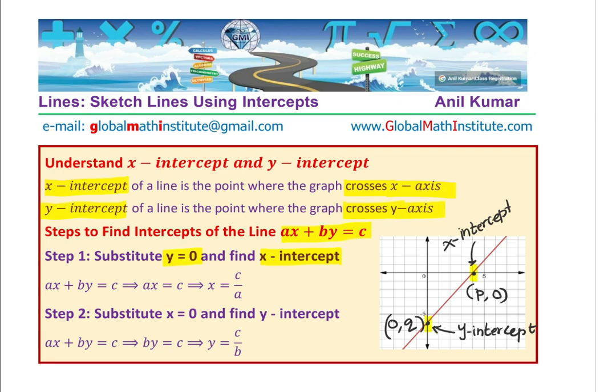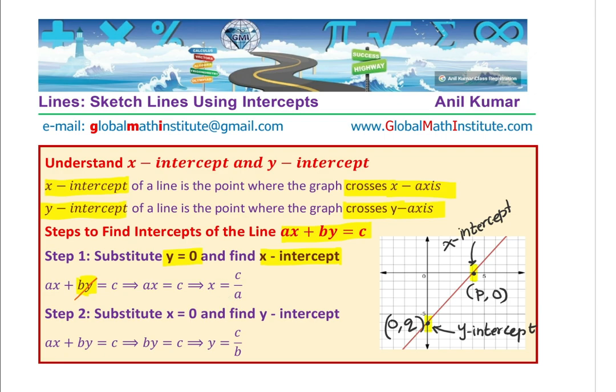In this, if I substitute y equals 0, then this term here becomes 0. For y equals 0, you are left with ax equals c. Now divide by a, and you get the x-intercept as c over a.